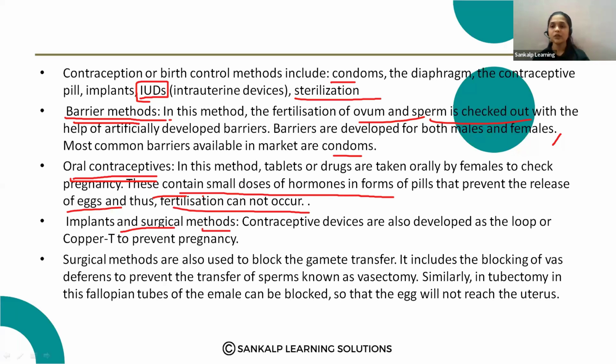That is also one of the contraceptive methods. So copper T. And surgical method: already you have studied that the vas deferens is blocked or the fallopian tube is blocked.